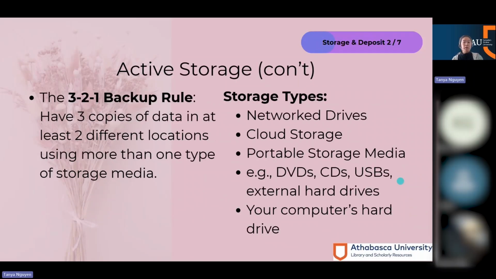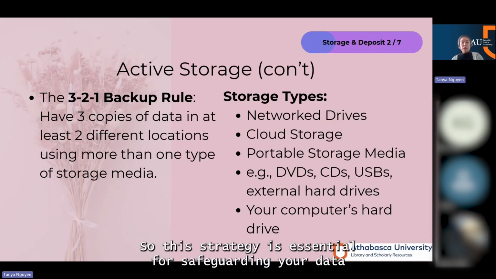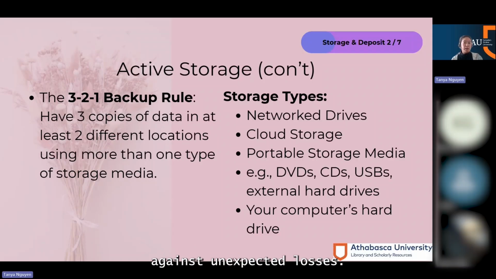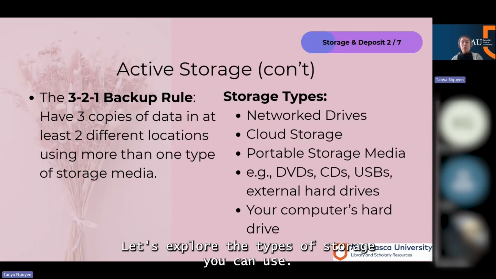Continuing on with active storage, let's focus on the 3-2-1 backup rule. This suggests having 3 copies of your data in 2 different locations, using more than one type of storage media. This strategy is essential for safeguarding your data against unexpected losses. Let's explore the types of storage you can use.